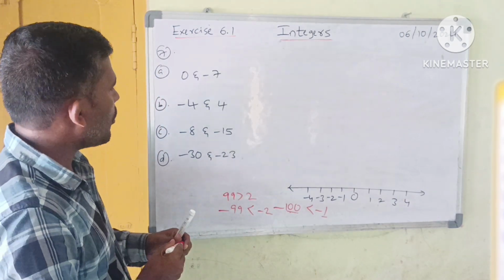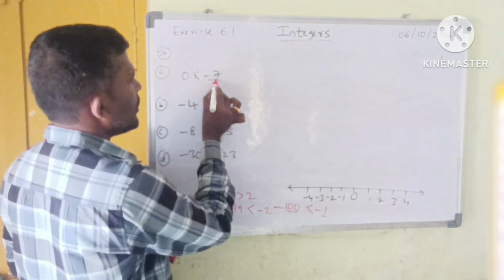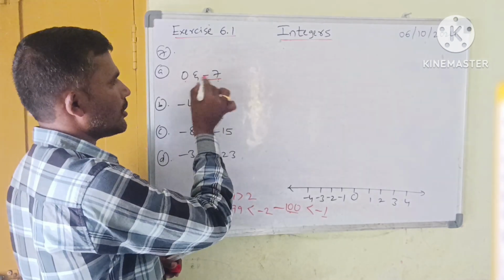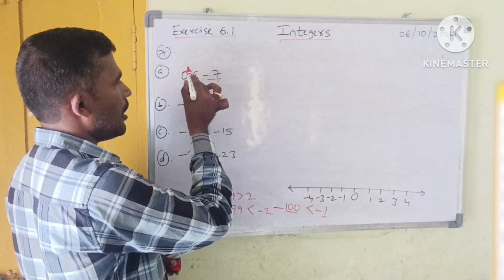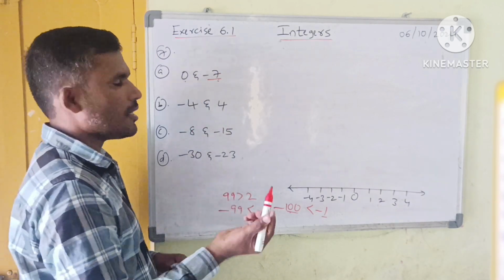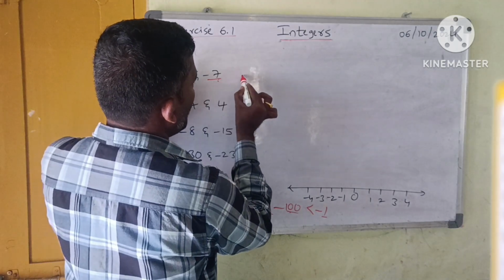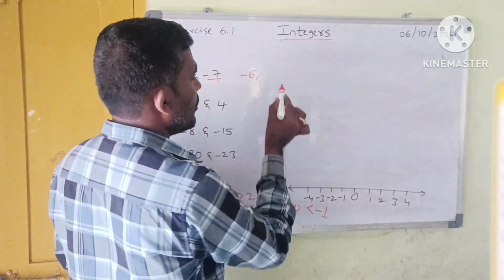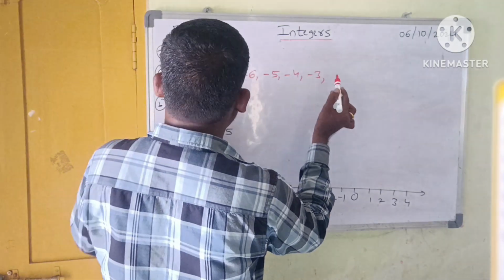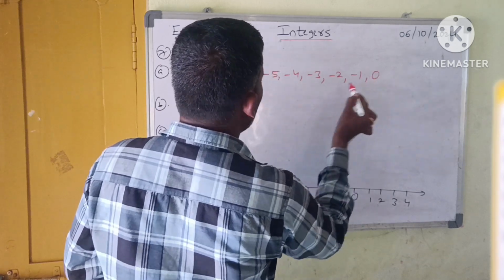Okay. Now first one, 0 and minus 7. So minus 7 is smaller than 0. When comparing these two, minus 7 is smaller than 0. And between these you have to write all the numbers in increasing order. So increasing means after minus 7, minus 6, next minus 5, minus 4, minus 3, minus 2, minus 1, and 0.